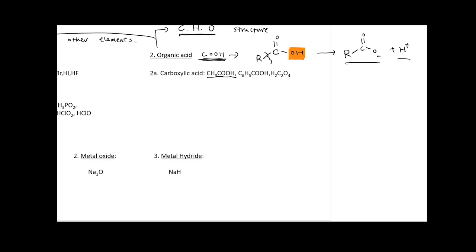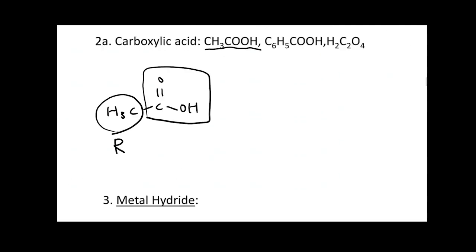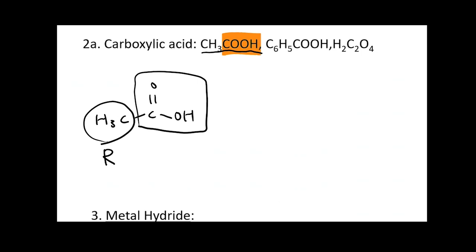For example, CH3COOH, structure-wise, looks like this. This is the part that's going to become an acid, and this is just a group represented as R. So if you see the COOH, you know the part that's relevant is this part. The other part is just an alkyl chain attached to the acid. Using that concept, you should be able to see that this one is going to have a structure like this.